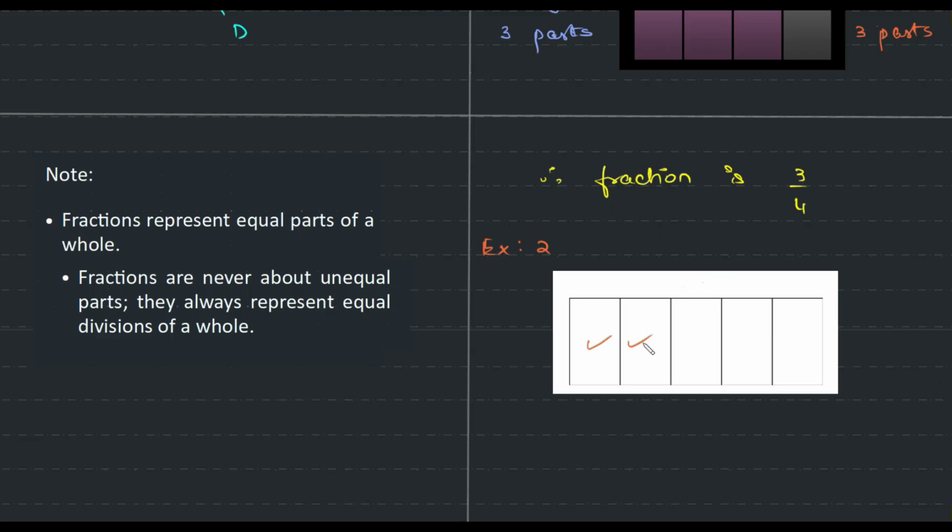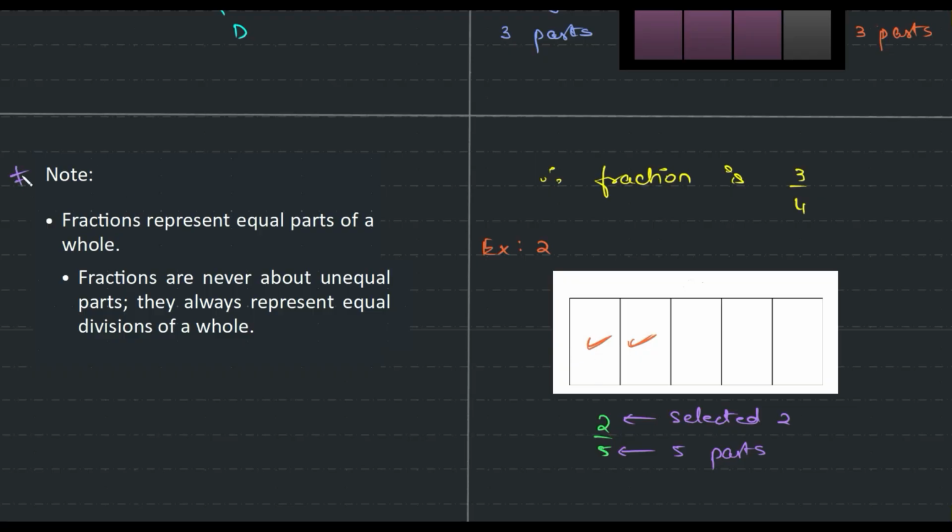If I happen to select 2 out of 5, this fraction will be what? 2 by 5. This indicates 5 parts, and I selected 2 out of 5 parts. So that's the basic idea of a fraction.